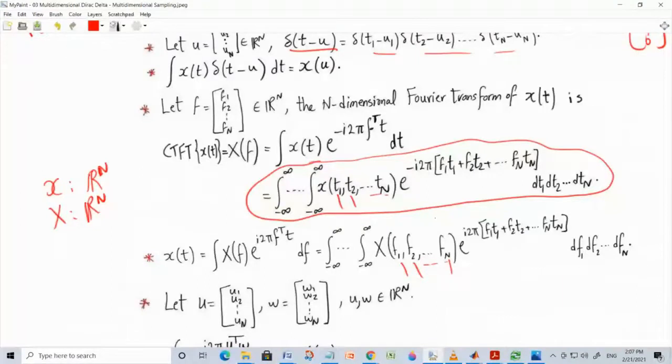The moral of the story is that if you have a function that depends on 3 variables, then the Fourier transform also depends on 3 variables. In a compact form, rather than writing e to the minus i 2 pi (f1 t1 plus f2 t2 plus f3 t3), you can just write f transpose multiplied by t, because this is f1, f2 up to fn multiplied by t1 up to tn, and this gives you the summation.